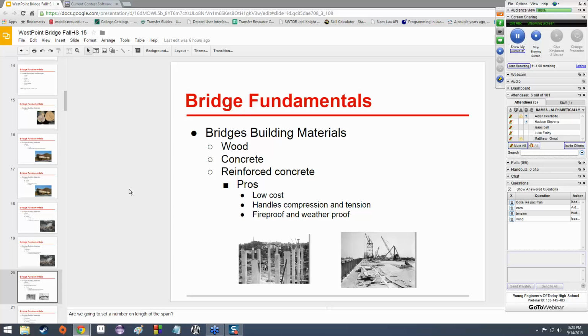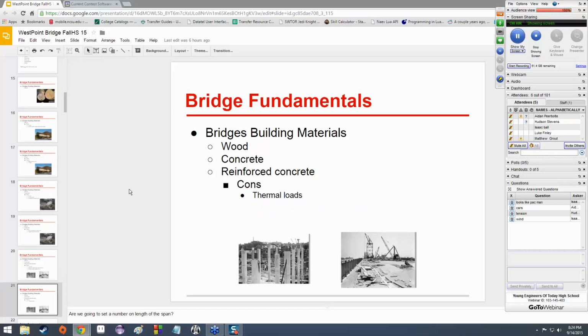In this case, it's not exactly that it stretches better, but the rebar makes it harder to pull on, so it has a higher point of breakage for things like tension. And it's, again, fireproof and reasonably weatherproof. On the other hand, still does not deal with thermal loads correctly. Or, well, I should say, everything deals with thermal loads correctly as far as physics is concerned, but doesn't necessarily deal with thermal loads well.